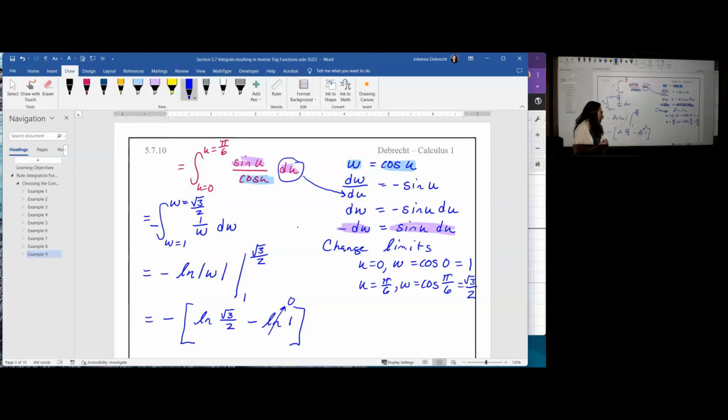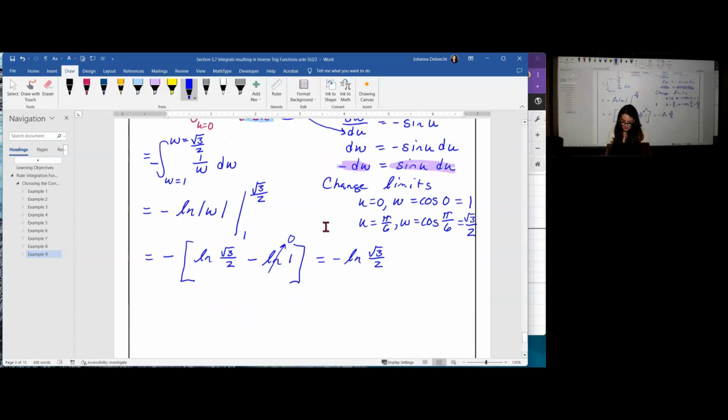Now I need to think about what the negative natural log of root 3 over 2 represents. I can use algebra to split this apart because the argument has division in it. And it becomes the natural log of the numerator minus the natural log of the denominator.